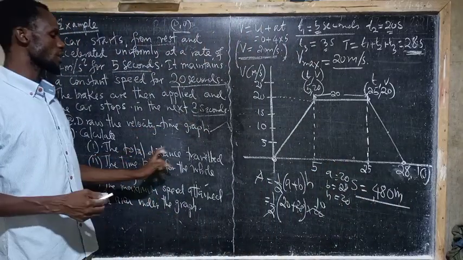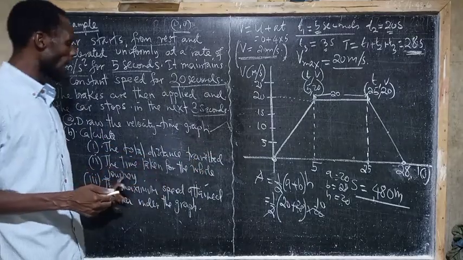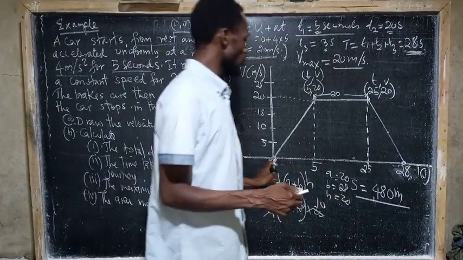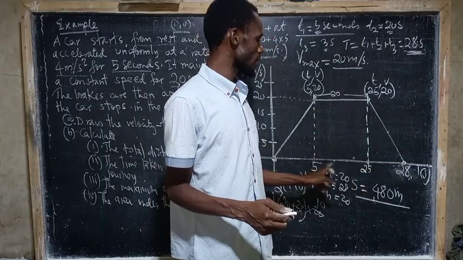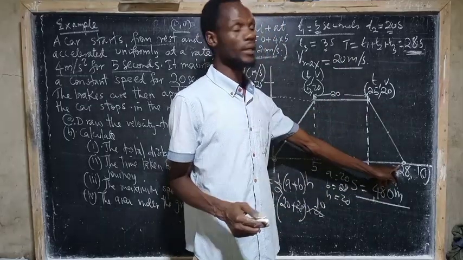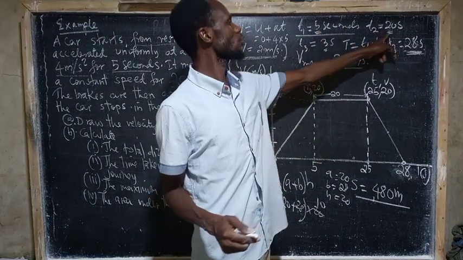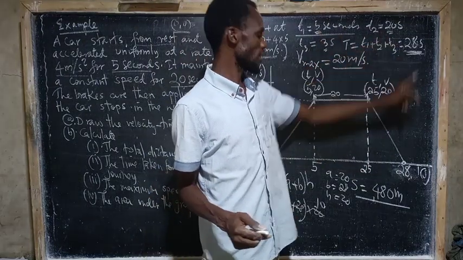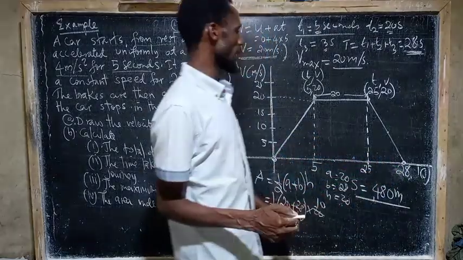This is the total distance traveled. That is very important. Now the time taken for the journey is T1 plus T2 plus T3, that is 5 and then 20 plus 3, which gives 28. So you read up here: it is 28 seconds.